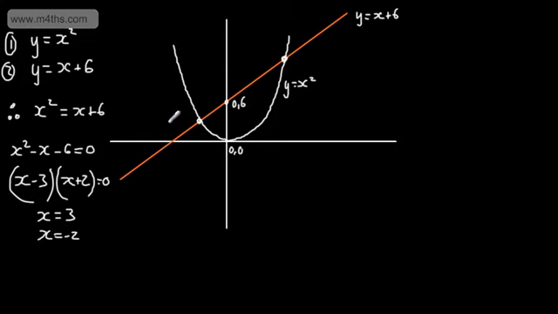So we can see that the x coordinate here corresponds to the minus 2, and this one corresponds to the positive 3. Now, at this stage, some students think they've done it, they've solved it. All we've done here is found the x-coordinate. At this stage, we find the value of the y-coordinate by subbing this in to the linear equation. The linear equation in this particular case is the x plus 6.